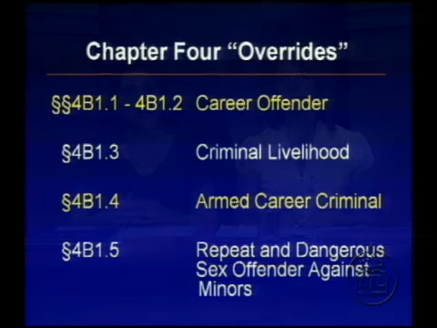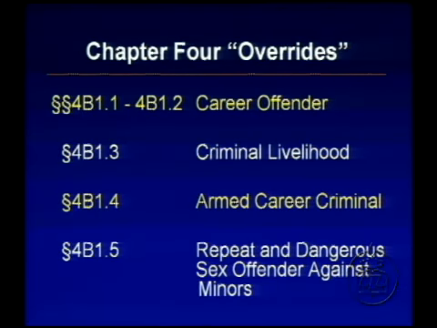So on your screen, you can see these overrides, and even though we will not be addressing the provisions of career offender, armed career criminal, or repeat and dangerous sex offenders against minors today, those are topics for another broadcast, be aware that the criminal history calculations that Rachel and I are discussing today under 4A1.1 and 4A1.2 may very well be impacted by those criminal history overrides.